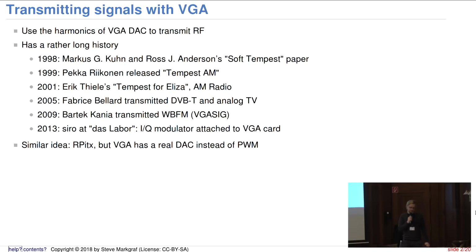And so there's been some previous work on this, and a very similar idea, which is probably broadly known as RPITX, which uses PWM to transmit radio signals. And just recently I also read something about an FPGA, I think it was even ICE40 PWM being used to transmit radio signals. So yeah, there's lots of stuff going on.